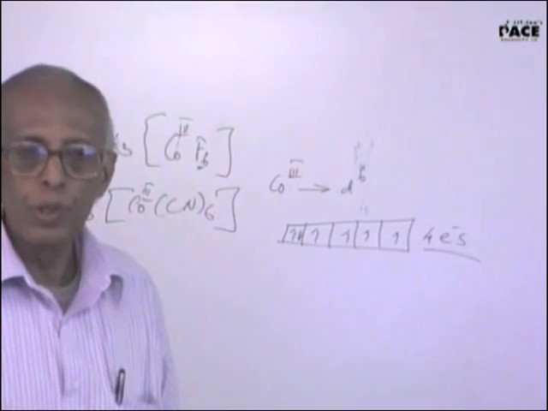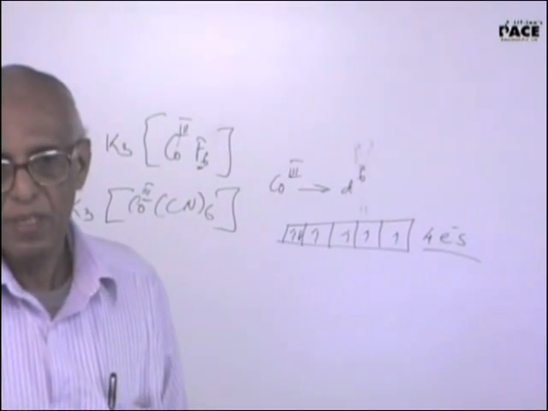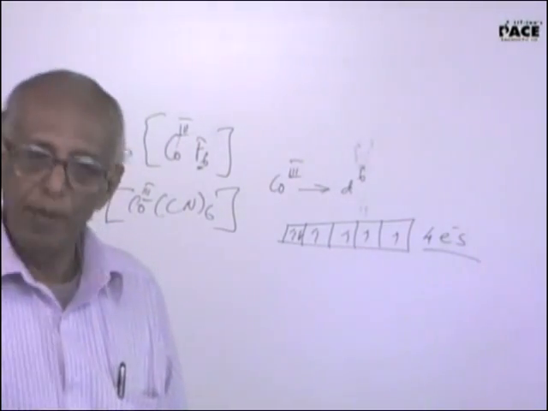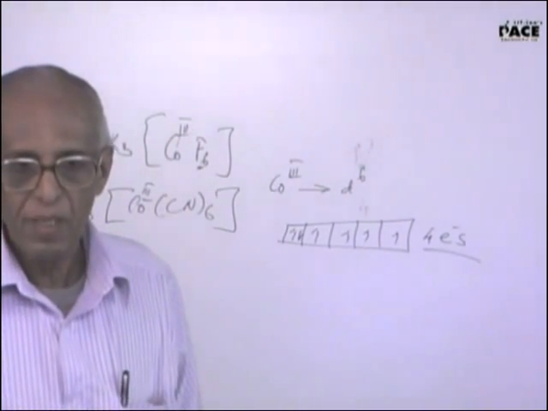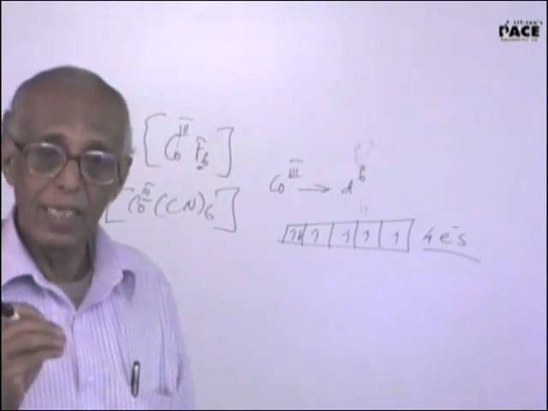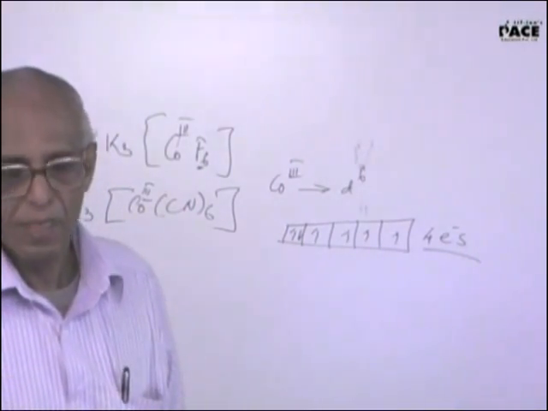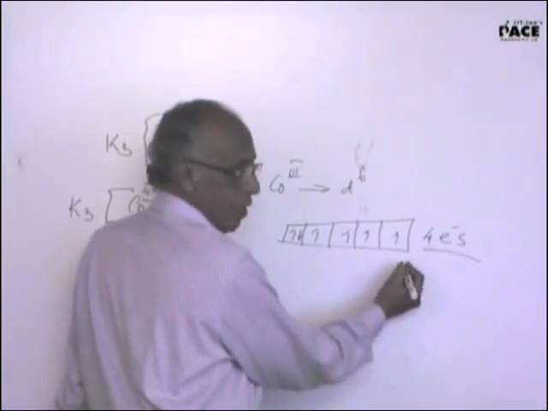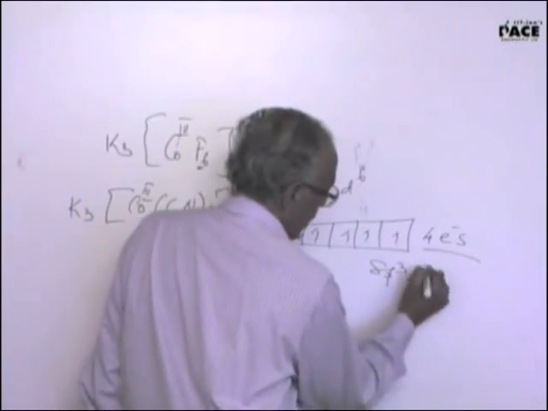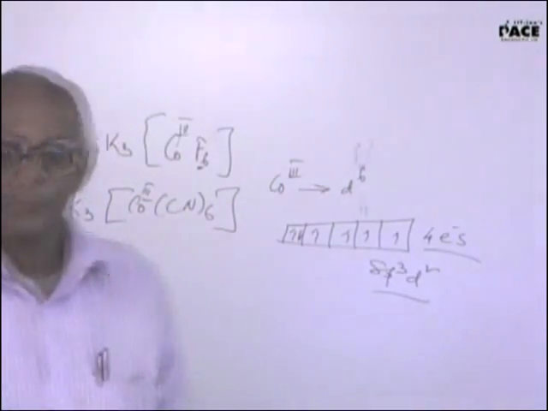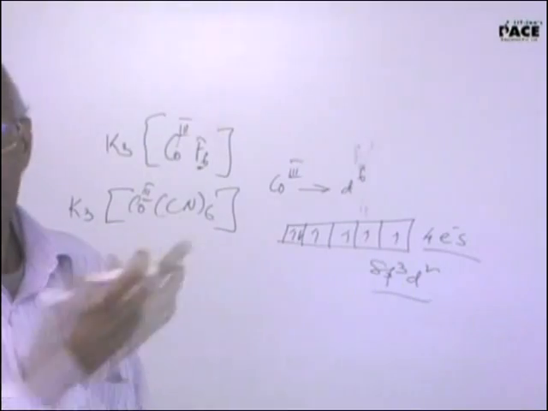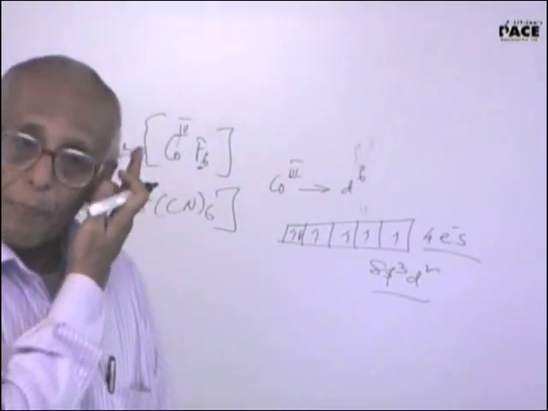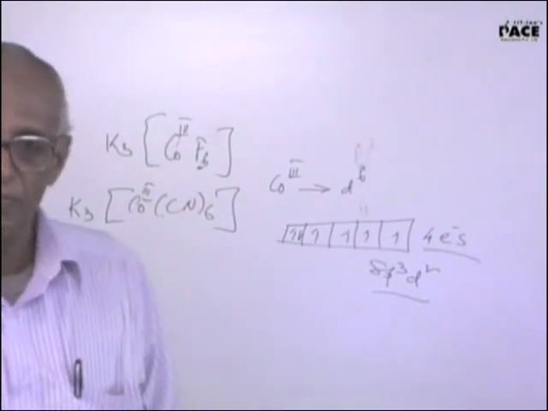So Hund's rule will be followed, that is, all orbitals will be singly occupied before pairing of electrons. In this case, you don't have any vacant d orbital, so it will be sp3d2, because there is no inner d orbital available. I need a vacant d orbital to accept a pair of electrons from the fluoride.